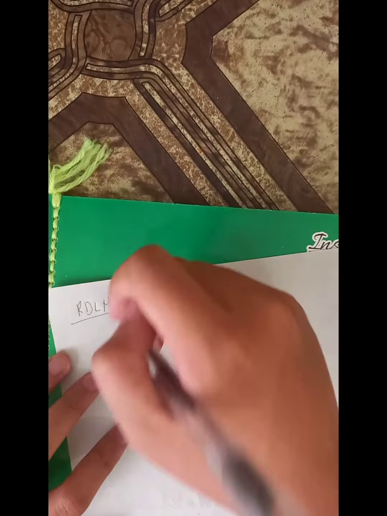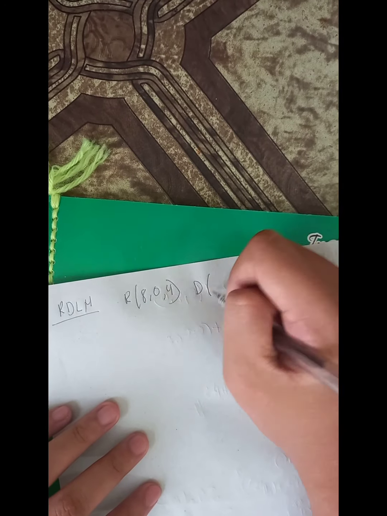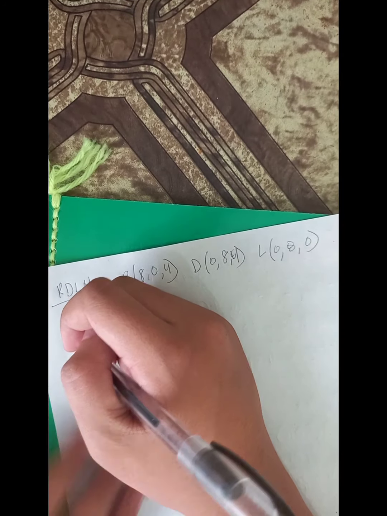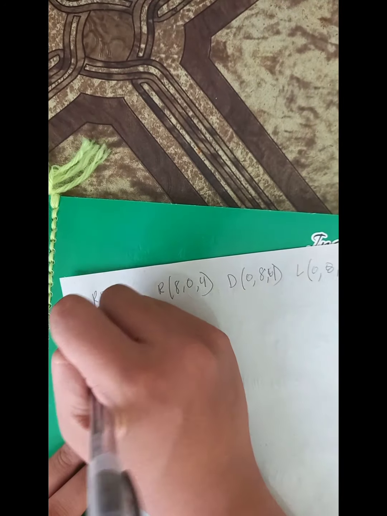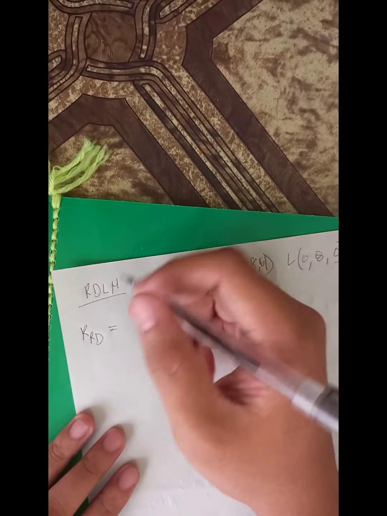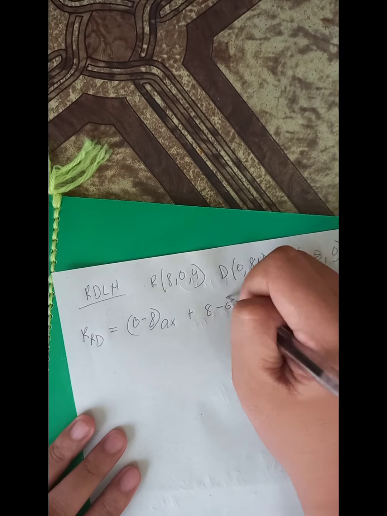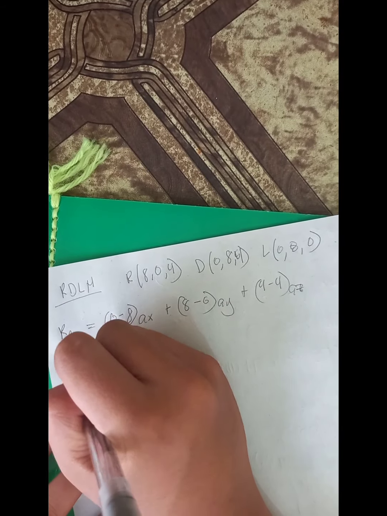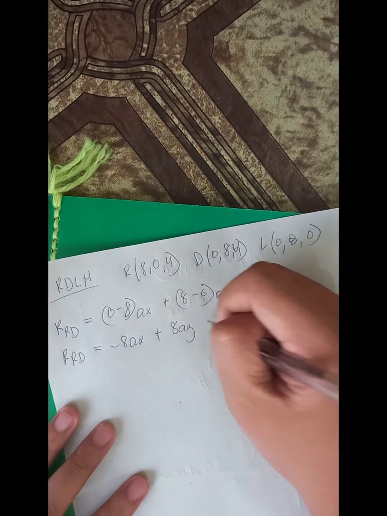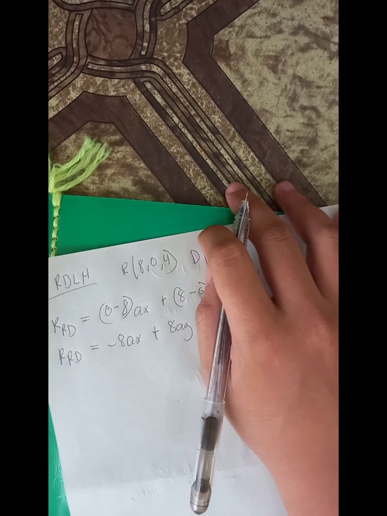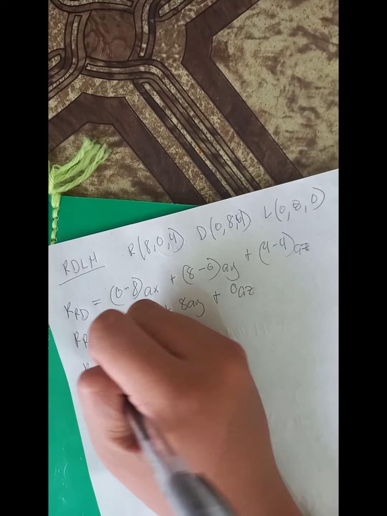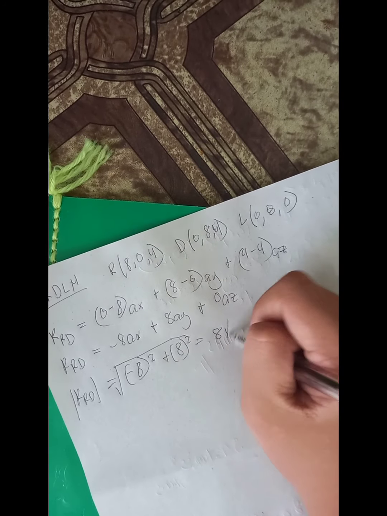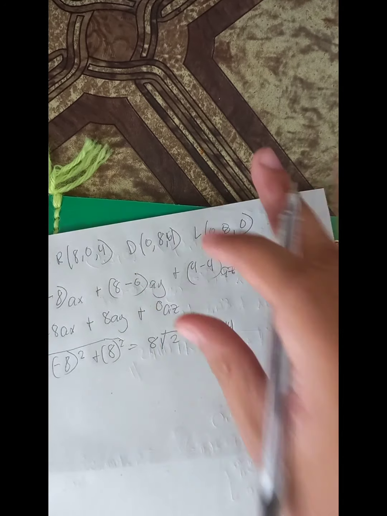Next step is RDLN. In this case, we have to use the formula for the area of a rectangle because it's a rectangular form. First we have to get the value of RD, and then its magnitude, which is 8 square root of 2.